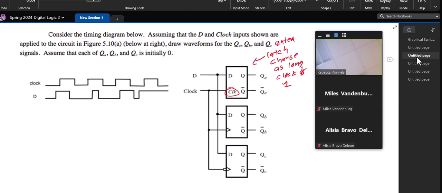Whenever the input changes, it changes. These flip-flops can only change once every clock cycle. This one can only change on the positive edge, and this one can only change on the negative edge. So I'm going to draw for my 3 flip-flops a QA, QB, and QC. And it says to assume that Q is initially 0.